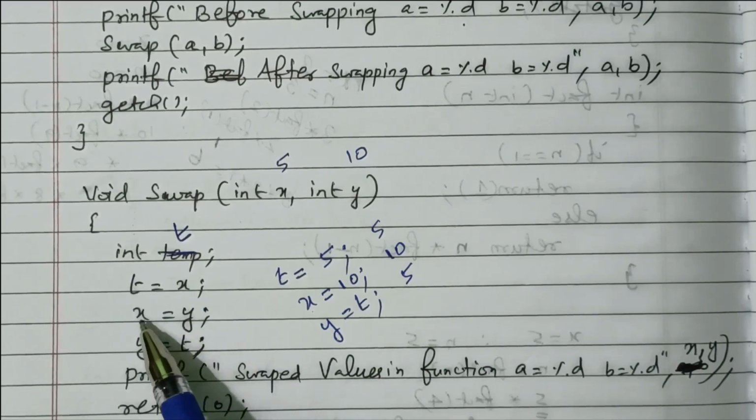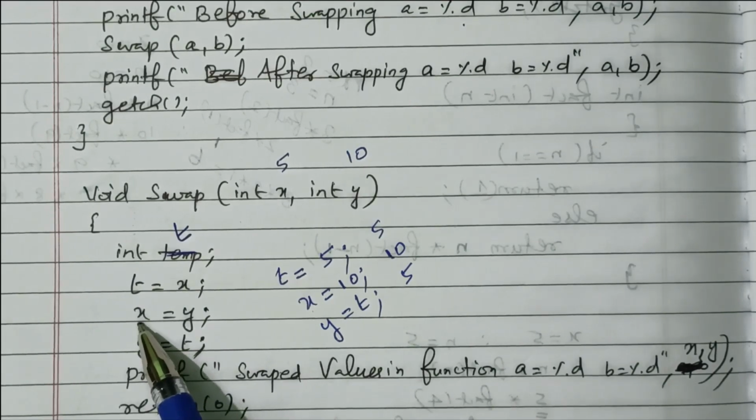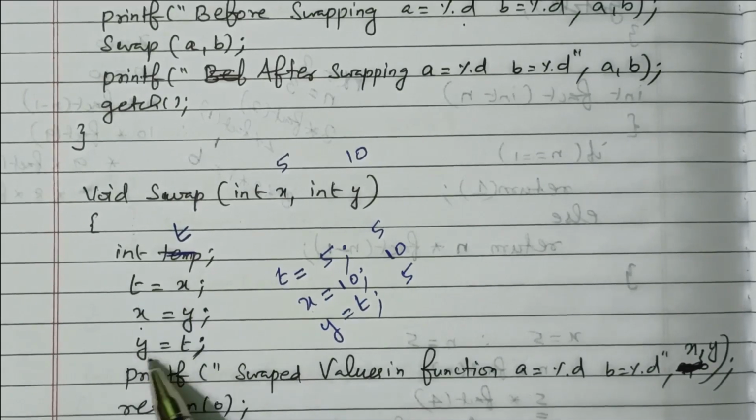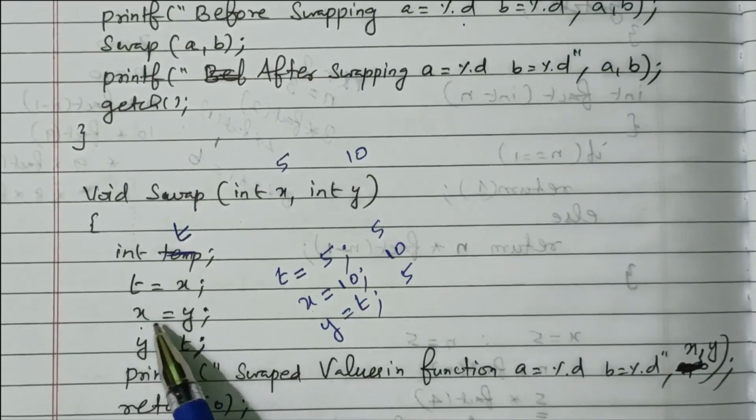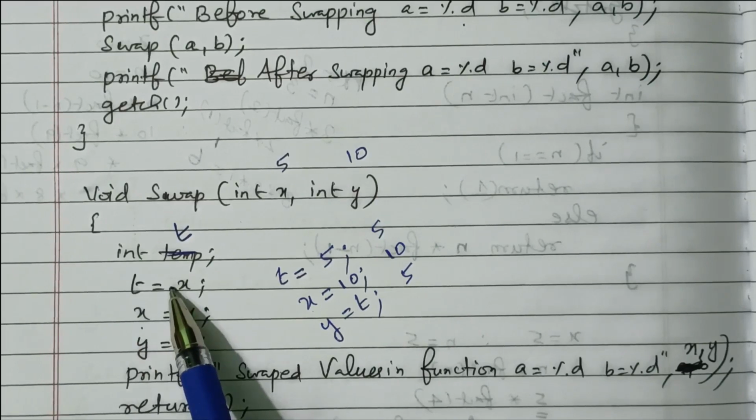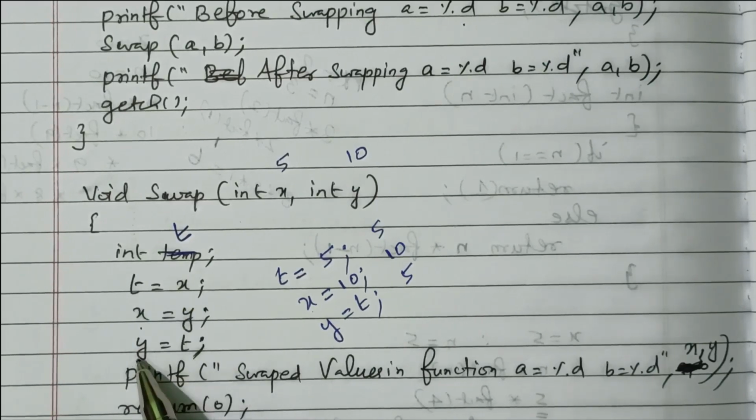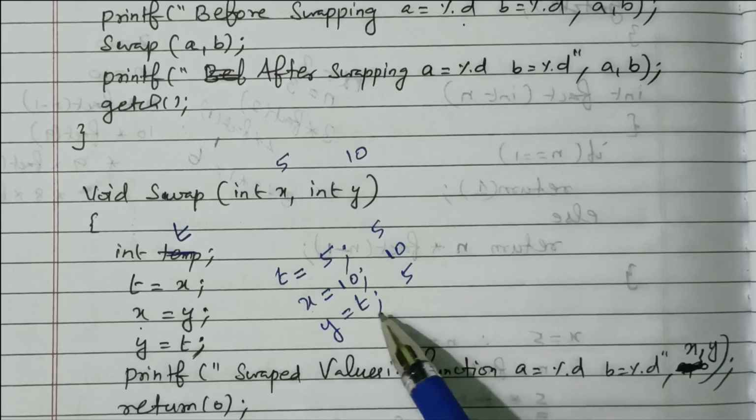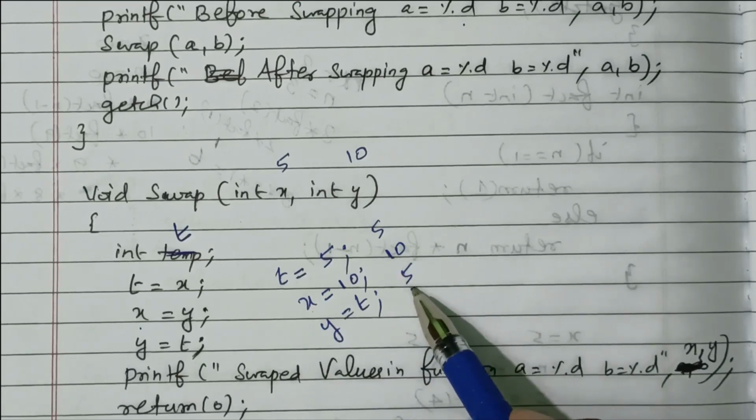Then y is stored in x, so the x value will be overwritten, but the original value of x is available in t, and that is stored in y, right? While overwriting, we lost the x data, so it is stored in a temporary place. After overwriting, the value available in the temporary place will be stored in y.